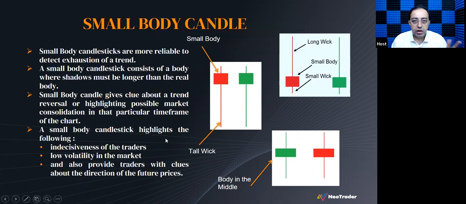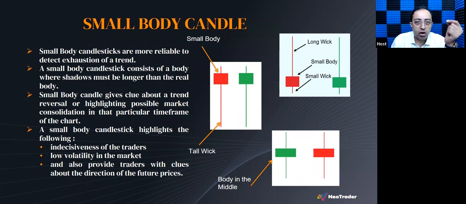This is the reverse. So long body candle, small body candle, if you know these two things, you will automatically get clarity. Whenever a small body candle comes, you must pay attention. Now, at the end of a trend, if there is a small body candle, it means the trend is coming to a close. All right. Now, there are various types of small body candle.